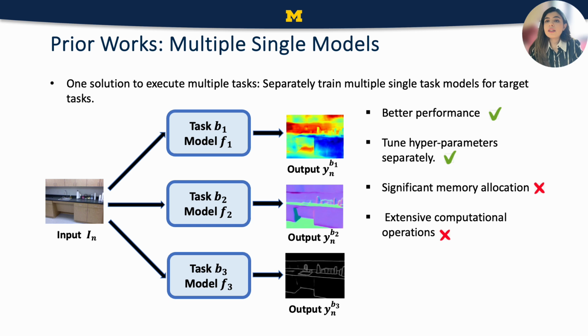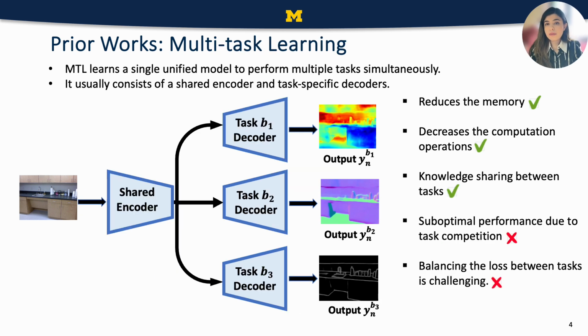One way to design a multitask module is designing separate models for each task. For this kind of system, we have to train each task separately, which can potentially lead to better performance. However, we also need to store and execute each model separately, which causes significant memory allocations and extensive computation operations.